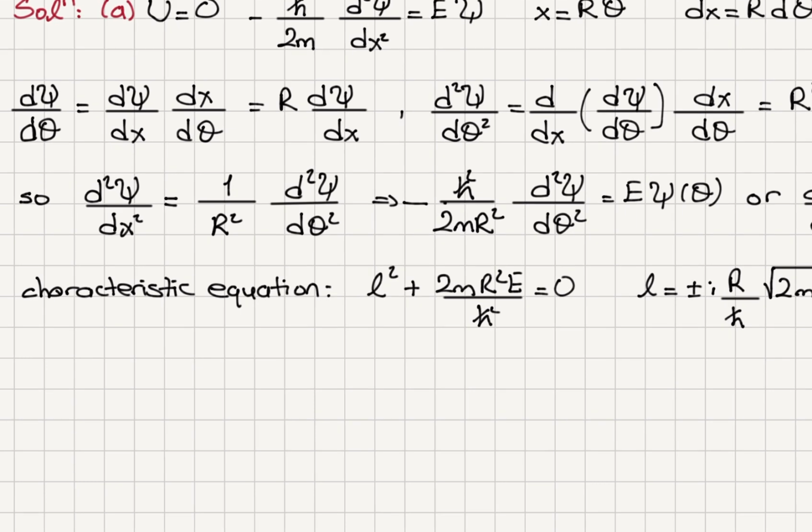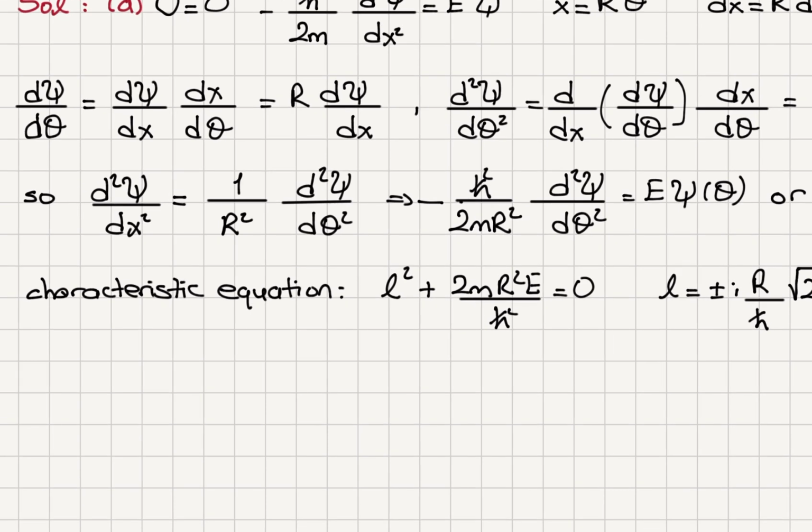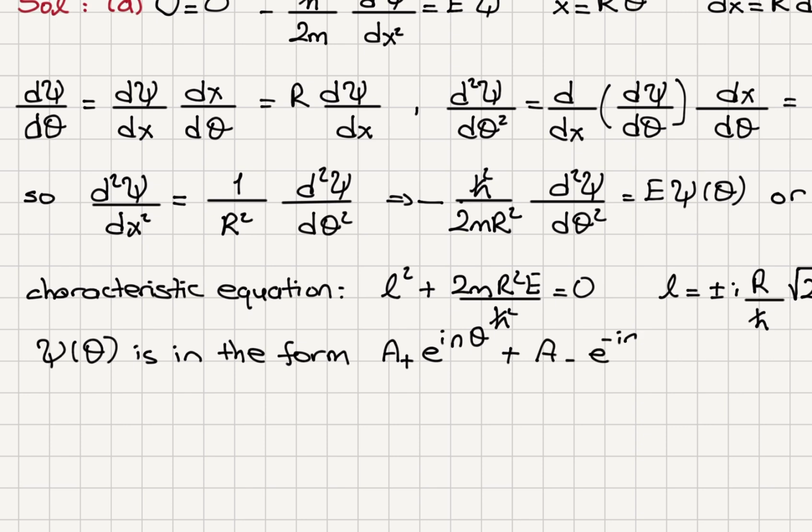So the solutions are of the form psi of theta is in the form a plus e to the i n theta plus a minus e to the minus i n theta, we can see.